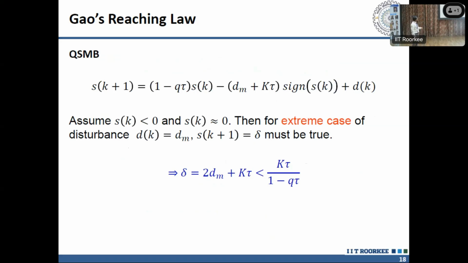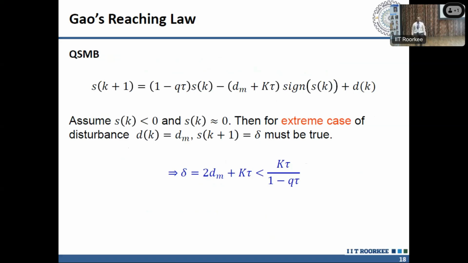and I can write down the dm from this inequality here, and I will get the delta in terms of only the parameters of the reaching law that I have, having an upper bound. Obviously, something to note here is that delta is more than 2 times the bound of the disturbance.